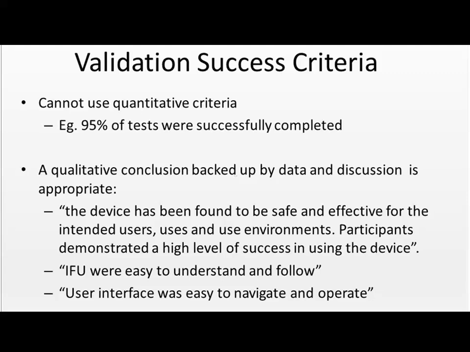Other parts of the conclusion, the IFU, were easy to understand and follow. The user interface was easy to navigate and operate. Now this is your conclusion, and you must be able to back it up by your test data. And you will explain your test data to support that conclusion.